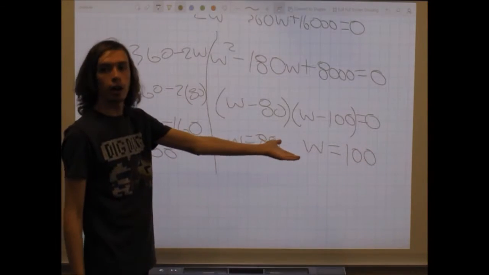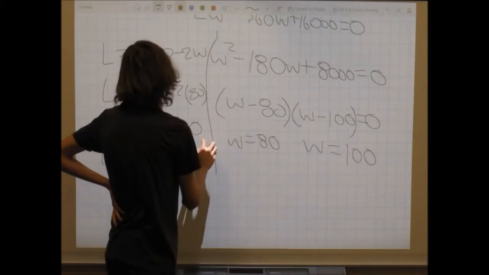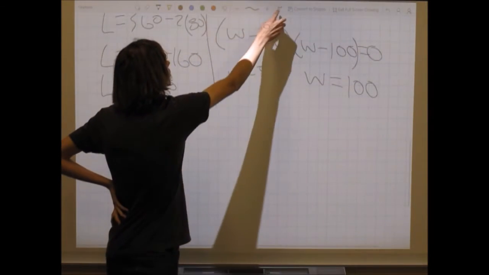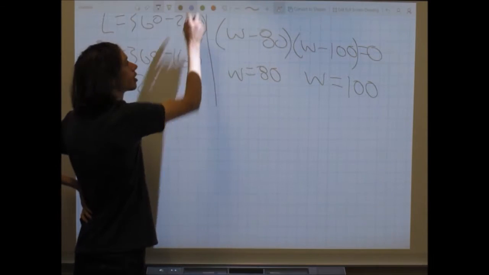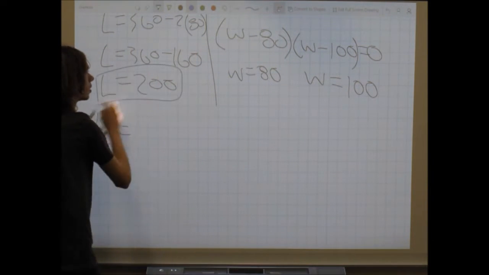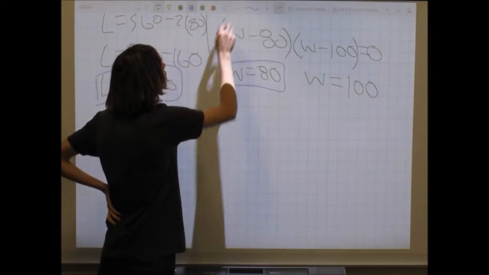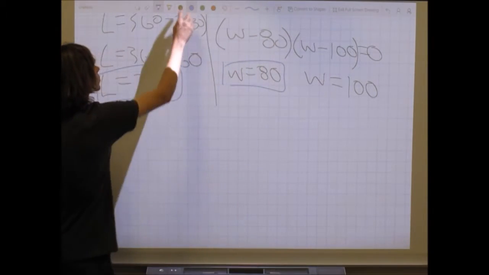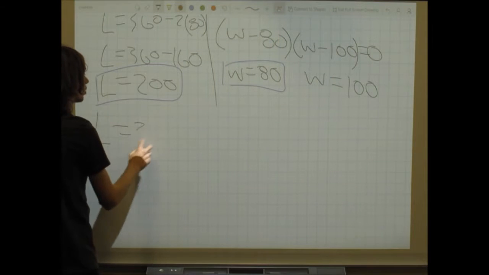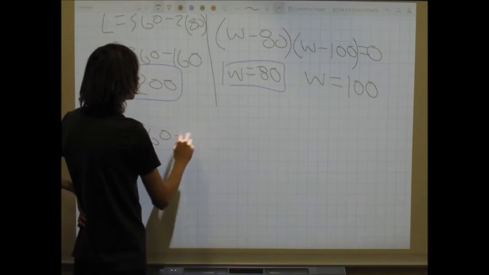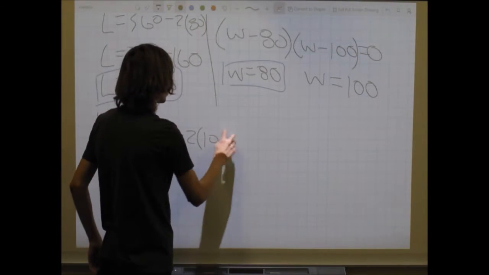But let's say the width was 100, right? Okay, so now we're going to do 360 minus 2 times 100.